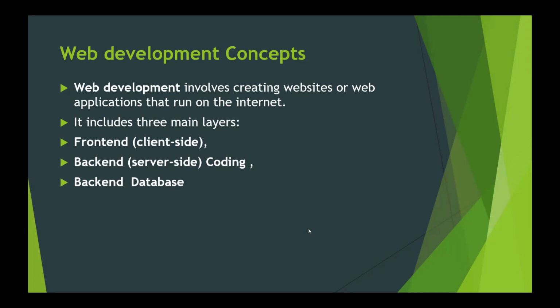The backend requires a web server and a database server. The purpose of the web server is to process server-side code according to the client request. To process server-side code, a web server is required.